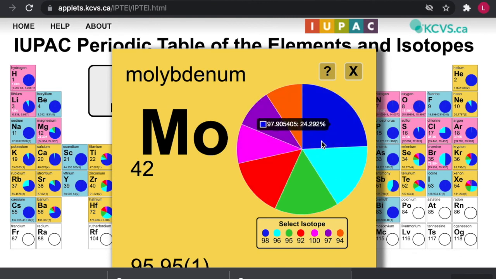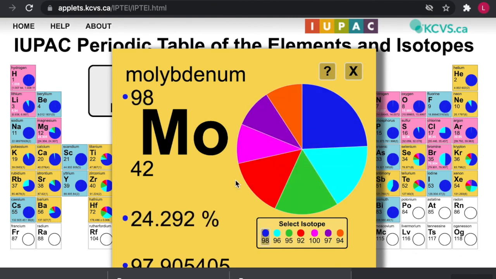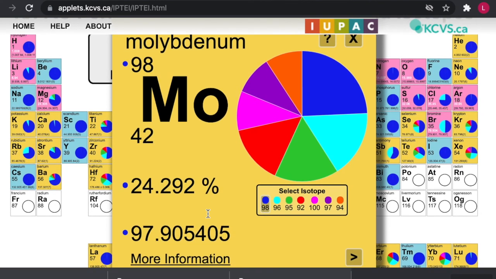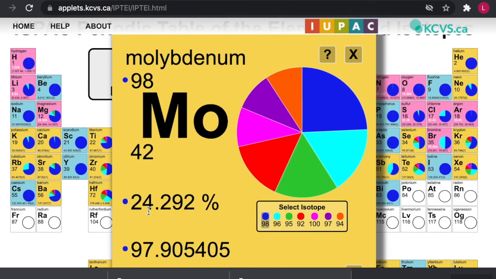We have some that are a mixture of quite a few different isotopes. You can zero in on any one isotope to see what the mass of that isotope is and what the percentage is in nature. You can even hover over it to see that information. So you can see in nature the different mixtures that exist.